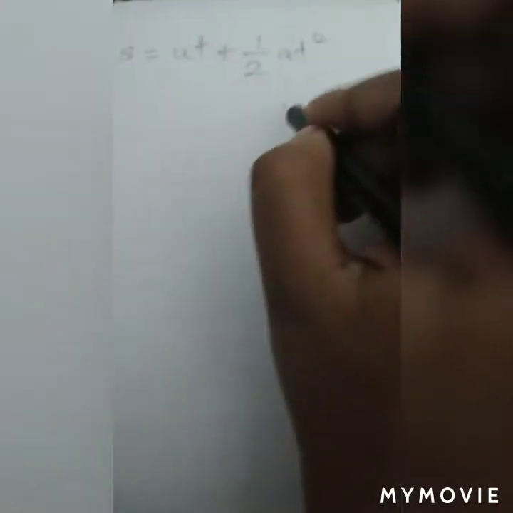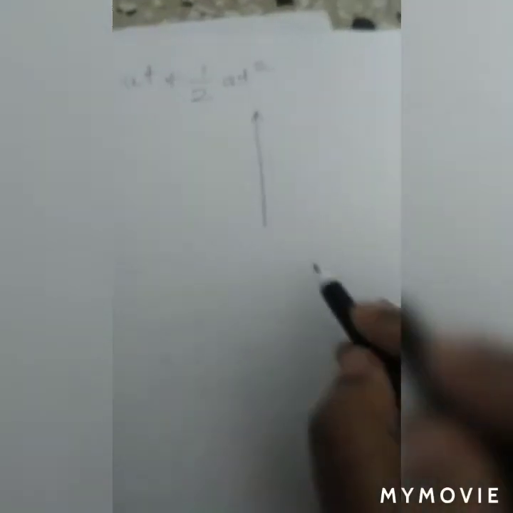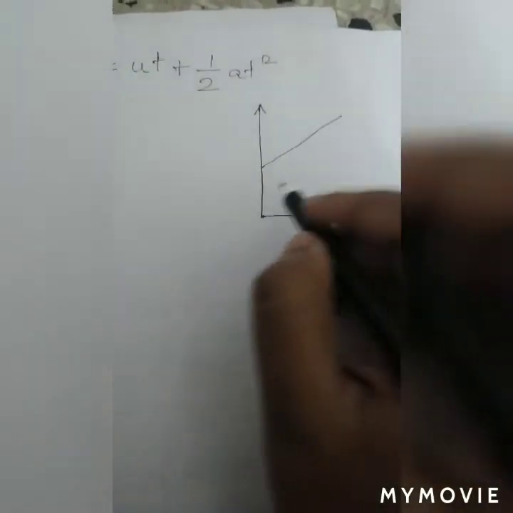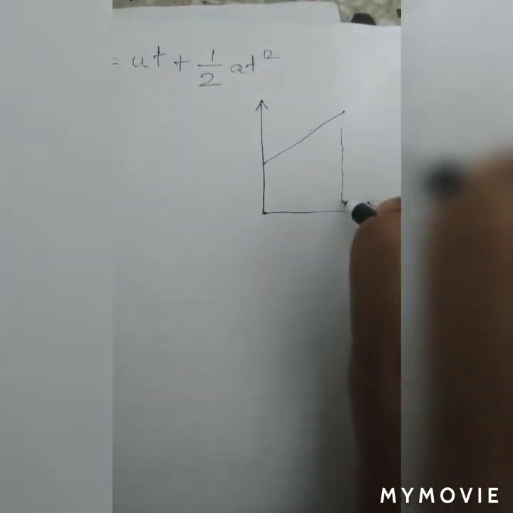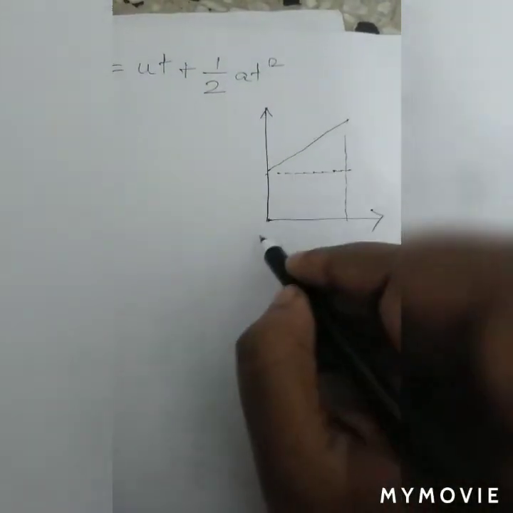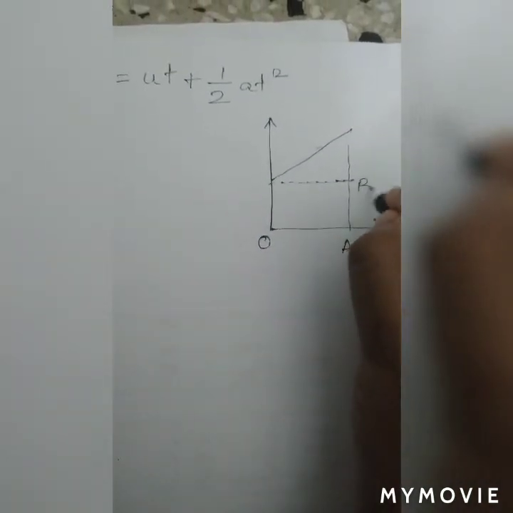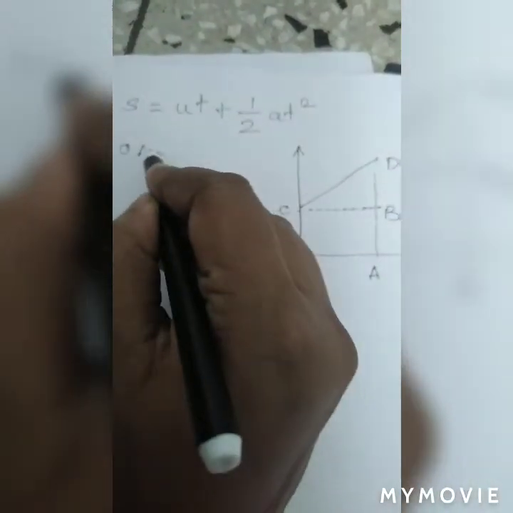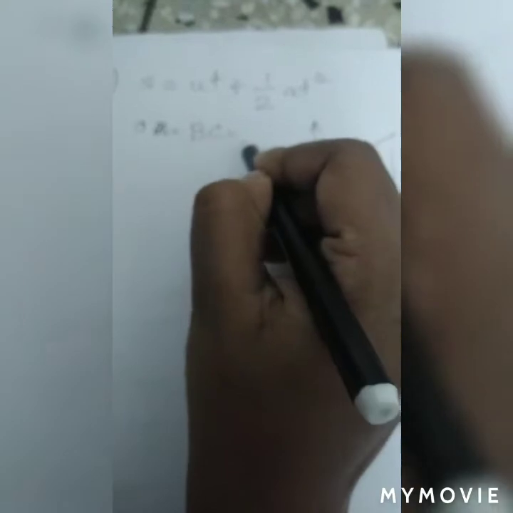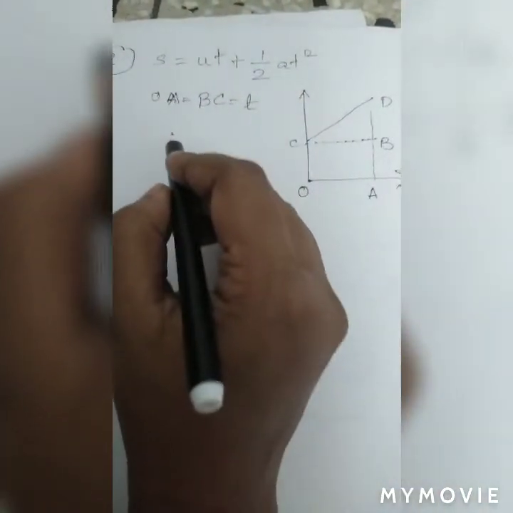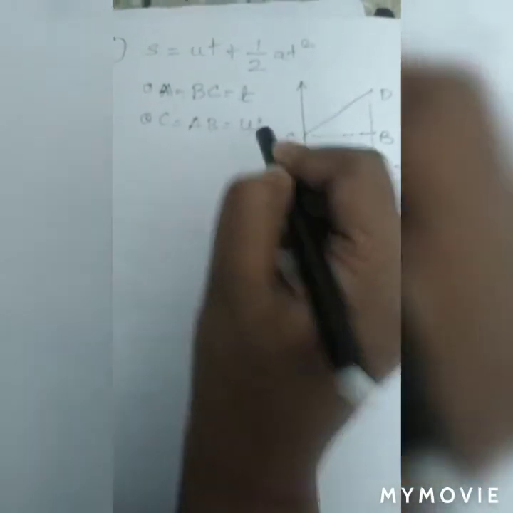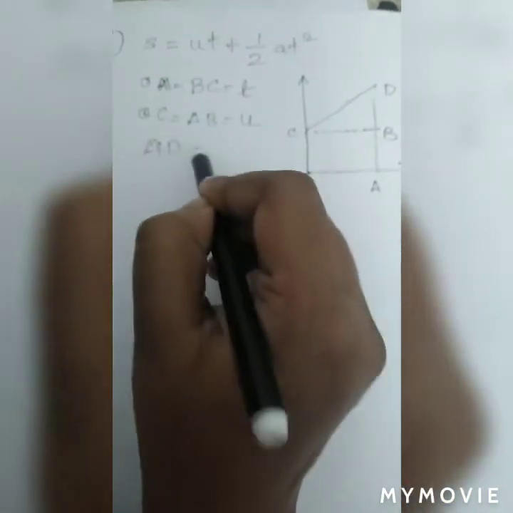I am drawing the same velocity time graph over here, extended to the x-axis, and naming it the same O, A, B, C, D. I am again writing the same things here: OA is equal to BC is equal to T. Also, I have OC is equal to AB is equal to U and AD is equal to V.